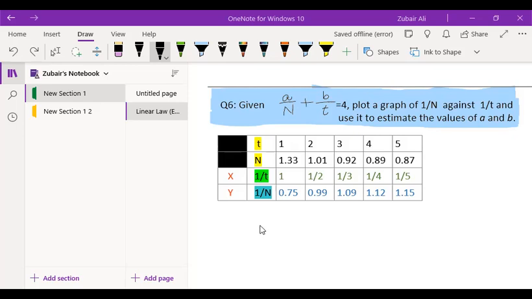I'm showing you. Basically we are given the equation a upon n plus b upon t is equal to 4. Then a upon n is equal to minus b upon t plus 4.